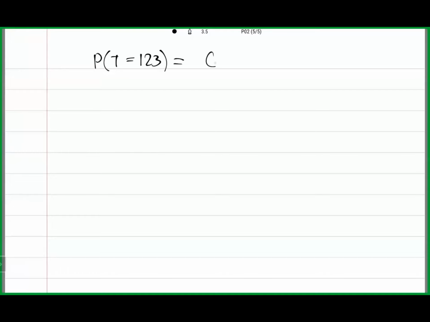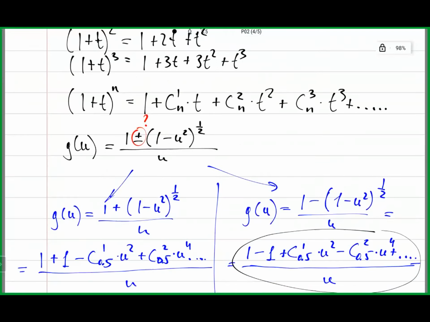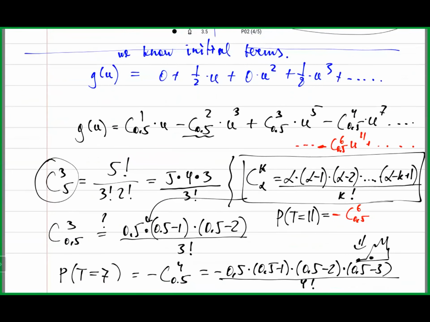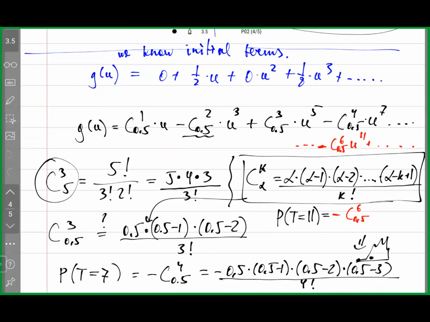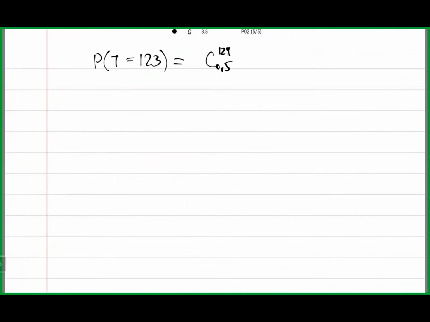So it's C 0.5 and I should have 124 over 2. It will be 62. 62 is an even number, so it's once again with minus. So it's minus C 62 with index 0.5.